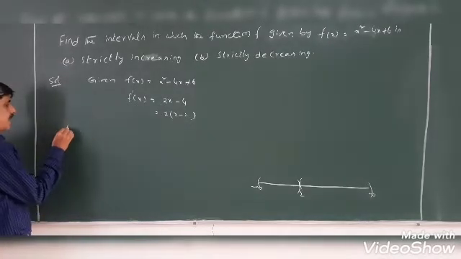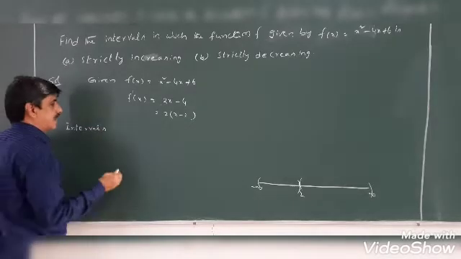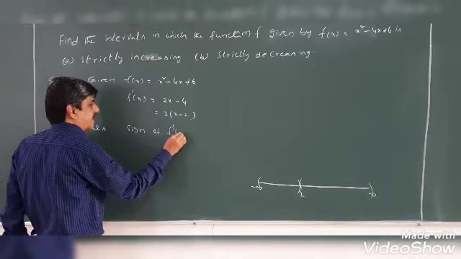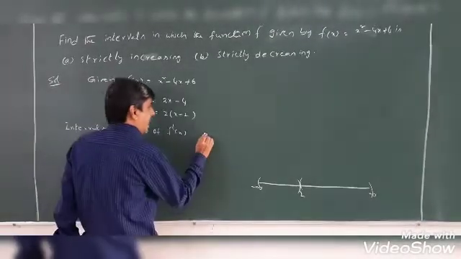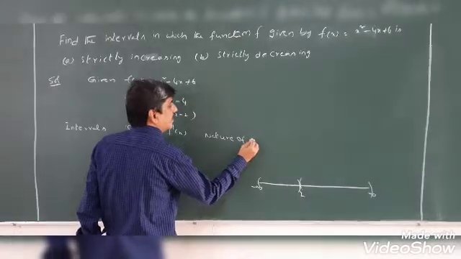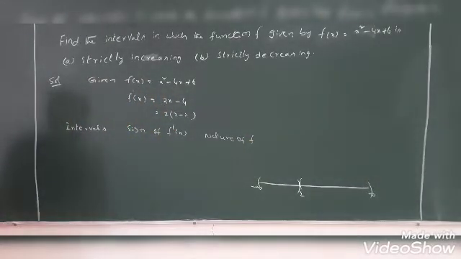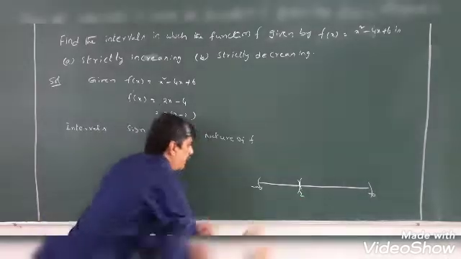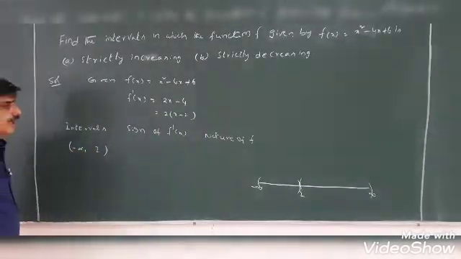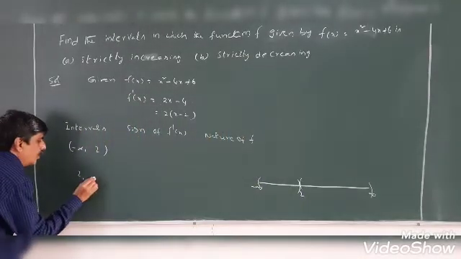One table means intervals, sign of f dash x, next, nature of f. So intervals, here one interval is minus infinity to 2 and another interval is 2 to infinity.